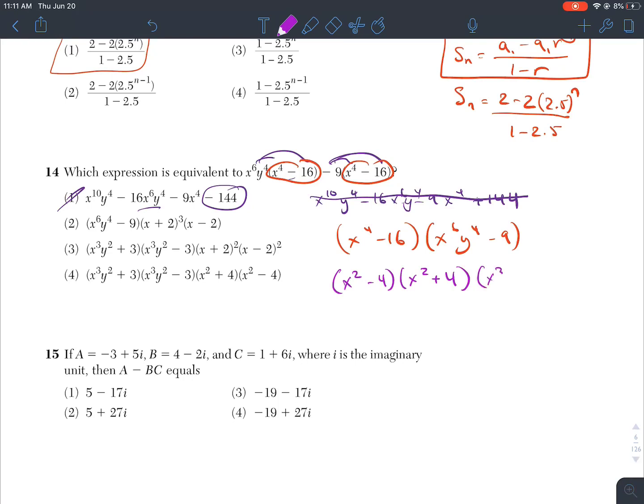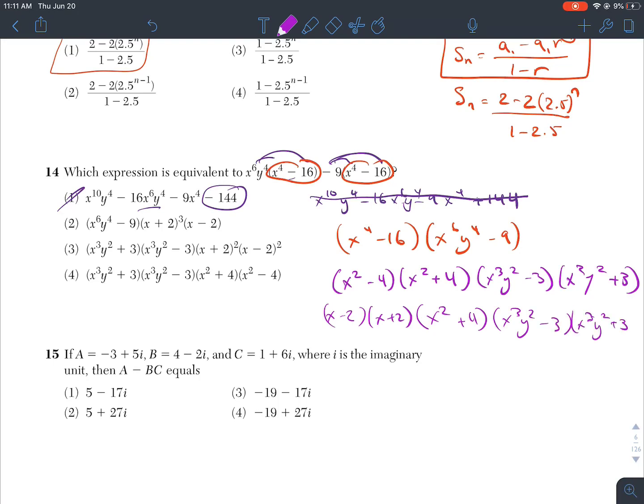And then here we get x cubed y squared minus 3 times x cubed y squared plus 3. And then that gives us x minus 2 times x plus 2, because this can be factored once more, x squared plus 4, x cubed y squared minus 3, x cubed y squared plus 3.